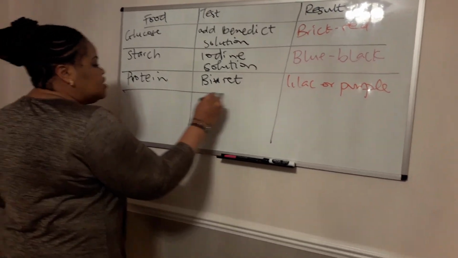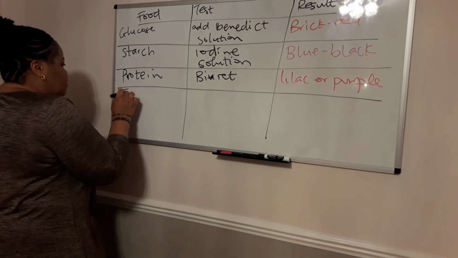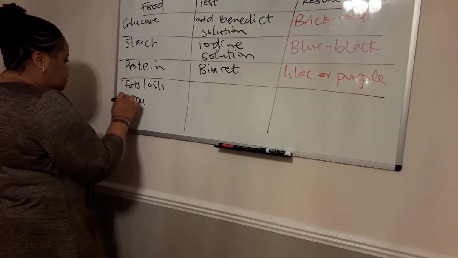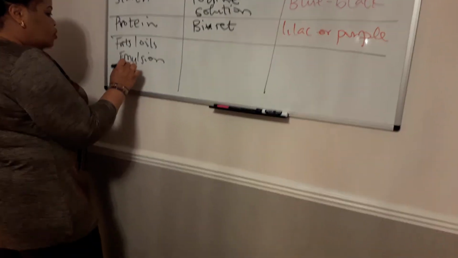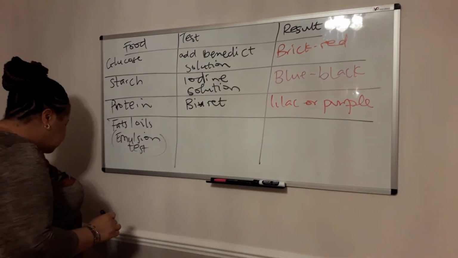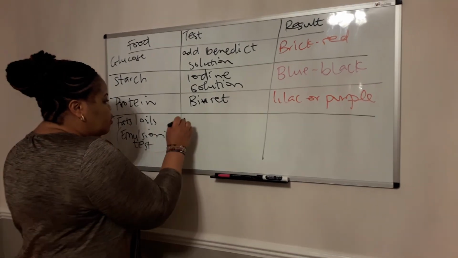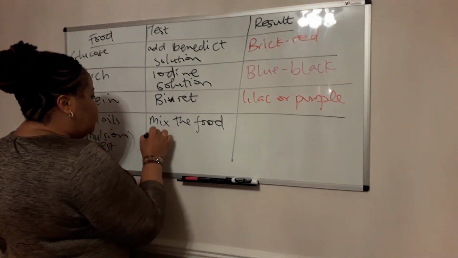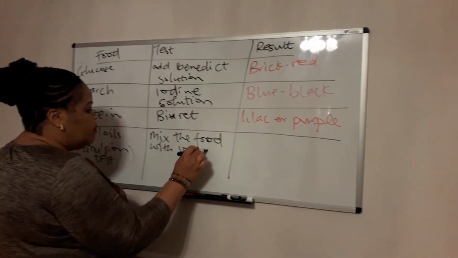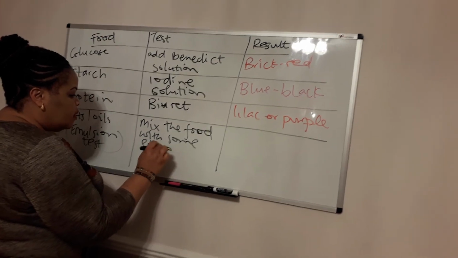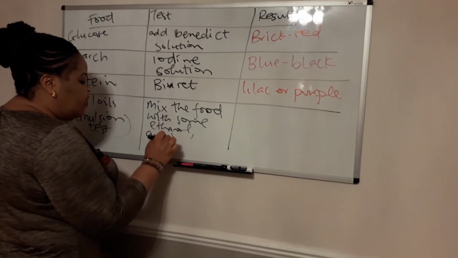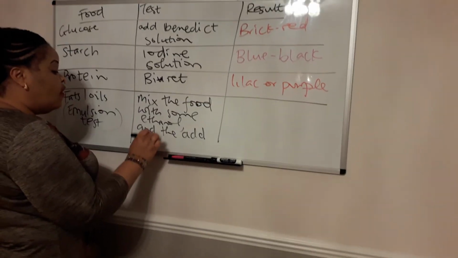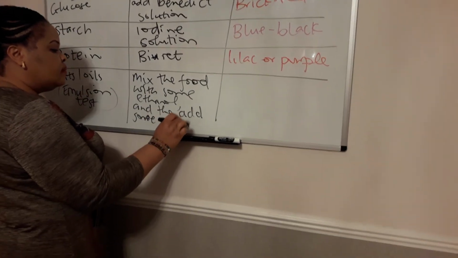And then the last one is for fats and oils. All right, for fats and oils, you do the emulsion test. For the emulsion test, it's very simple. You mix the food with some ethanol, and then add some of this solution to water.